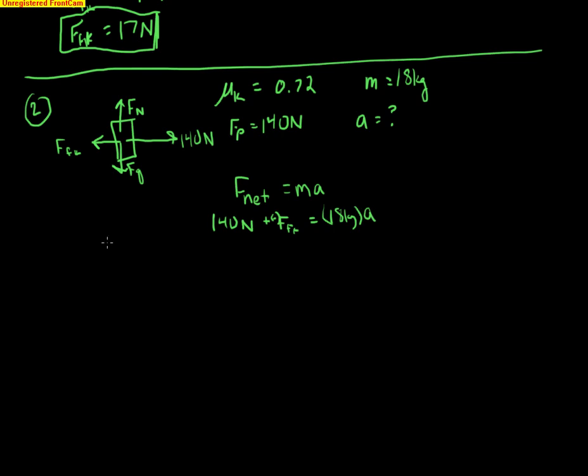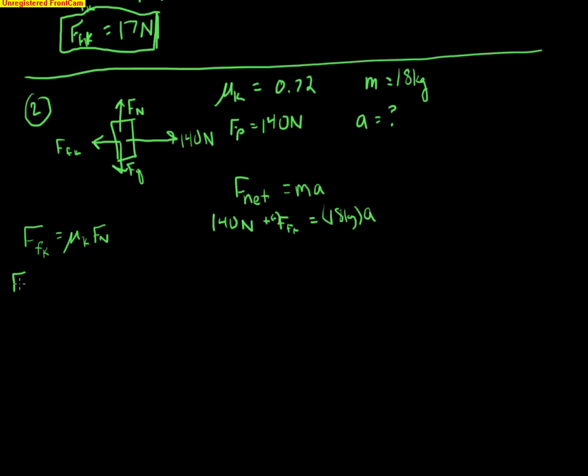Now, we're missing something here. To solve for a, we need to know everything else, and we don't know the force of friction. So how can we find that? Well, in the previous problem, we found this force by using this equation. That's not going to work this time because we have another unknown here. So now we have to use our other equation that has F_fk in it, which is F_fk equals mu k times the normal force.